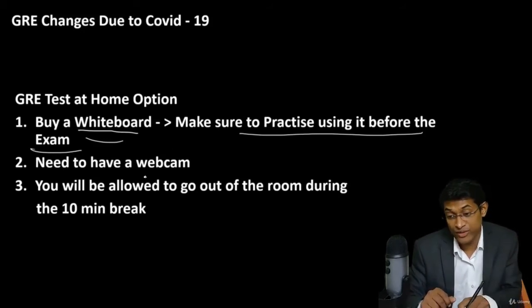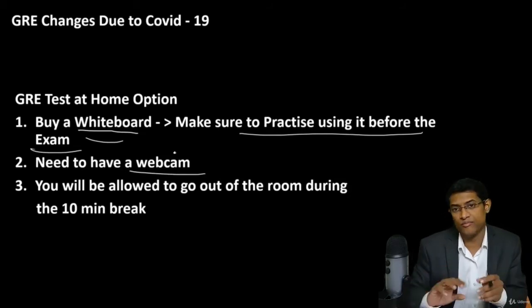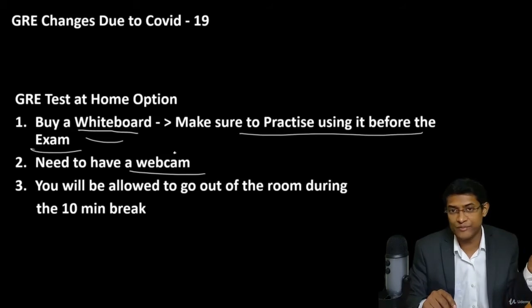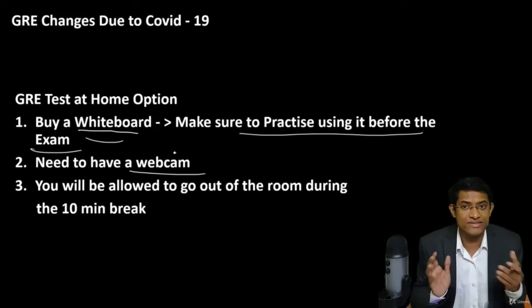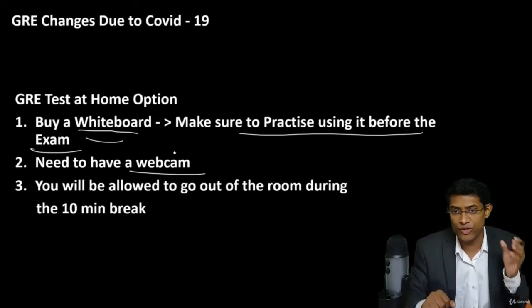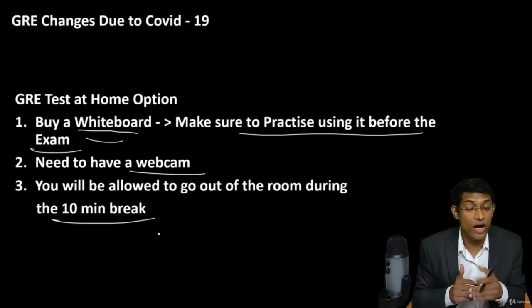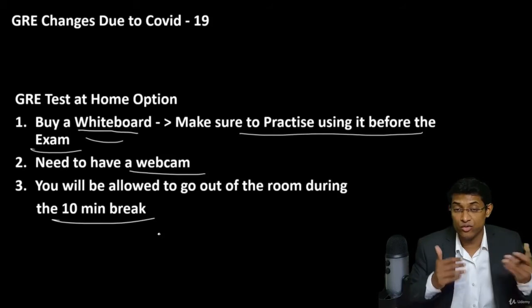Now, you need to have a webcam, and they'll probably ask you to show the whole room using the webcam. You don't need a 360-degree webcam. A normal webcam will do. And remember, in the 10-minute break, you will be allowed to go out of the room. Maybe you need to use the loo, etc.